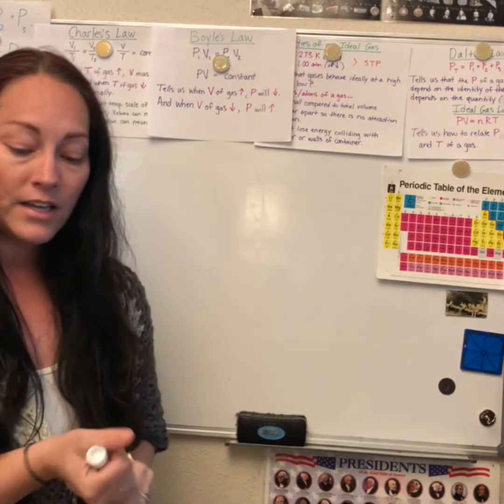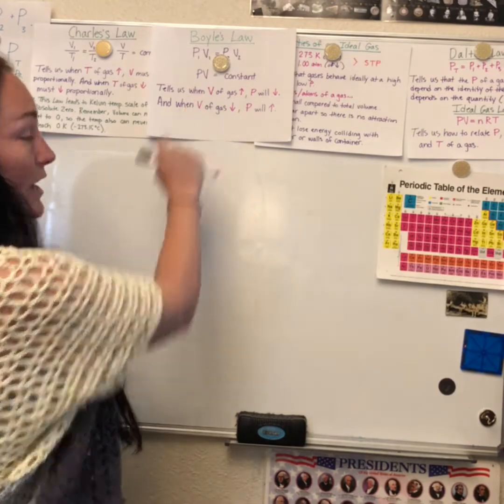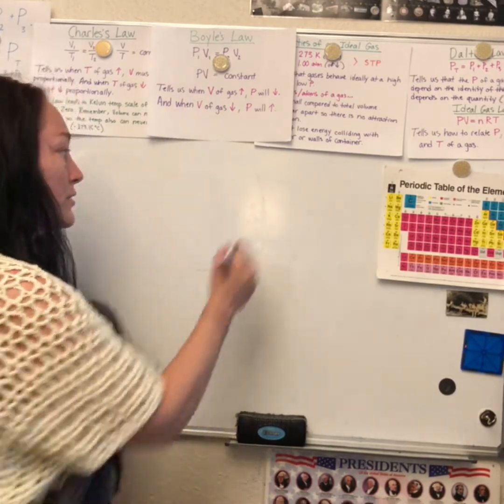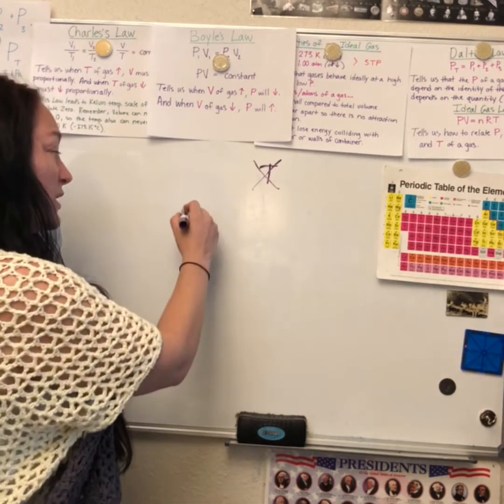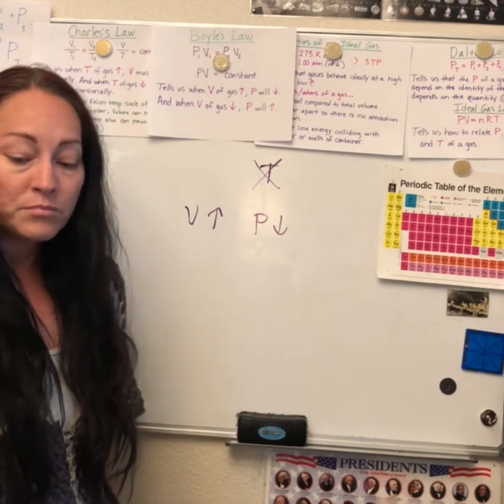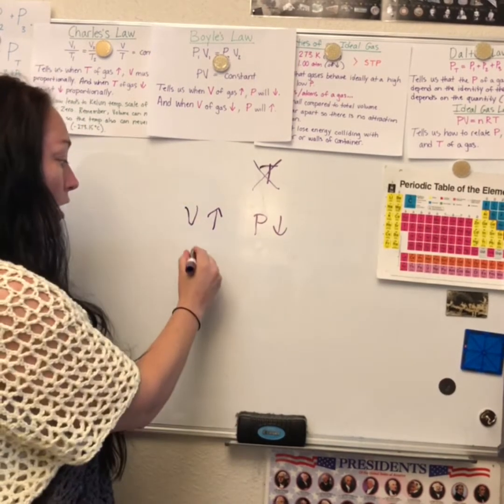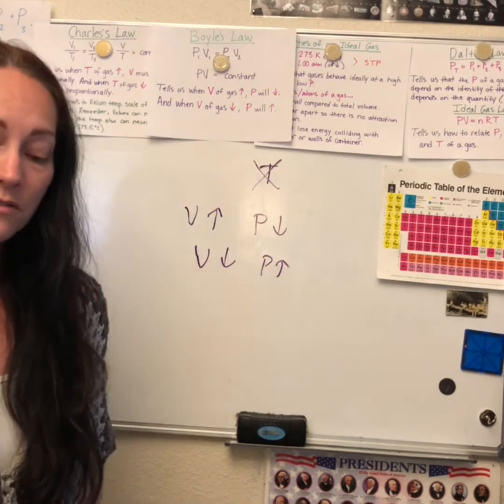And keep in mind the temperature must stay constant because we don't have T in here. So temperature stays constant because it's not part of our equation. So we could really just say, well, when the volume goes up, the pressure goes down, right? Or if the volume goes down, the pressure must increase. Okay, they're inverses.